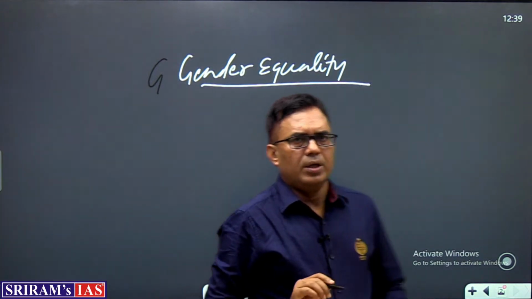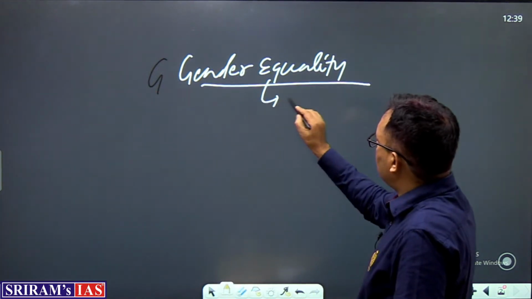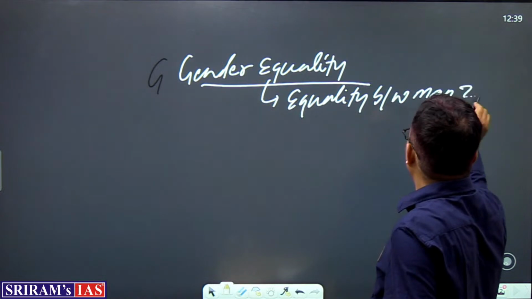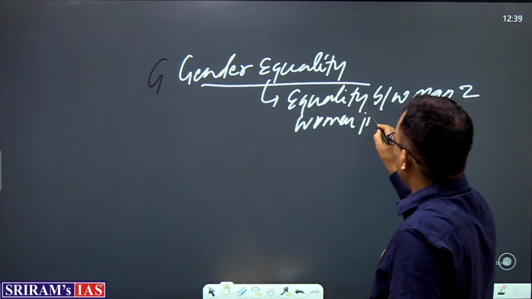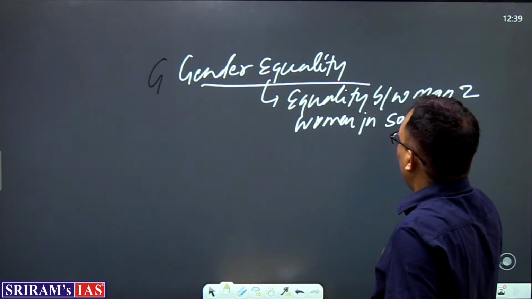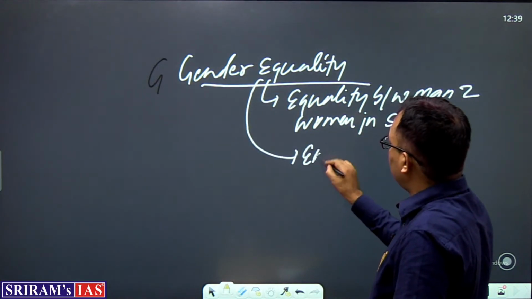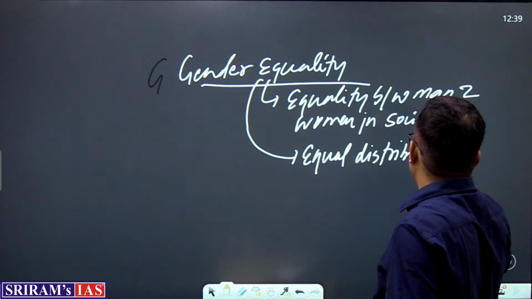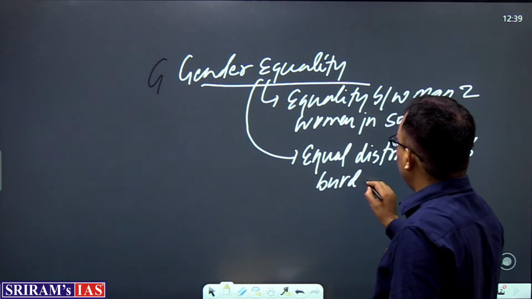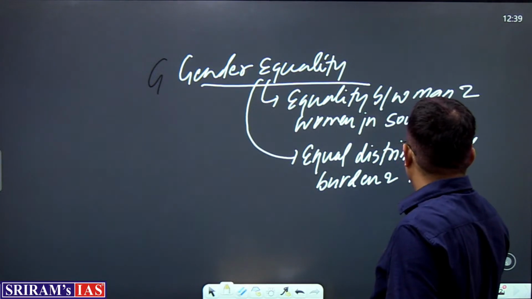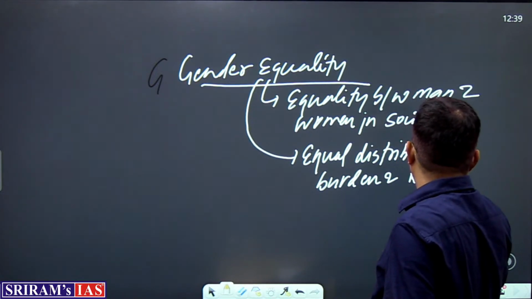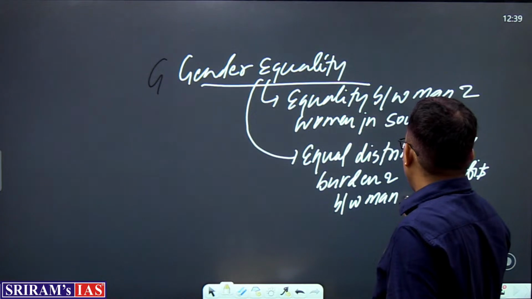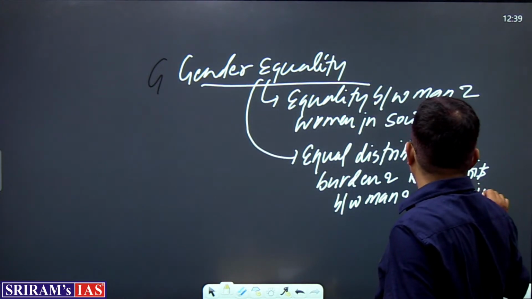In the simplest way we can say gender equality means simply equality between man and woman in society, or in another sense, equal distribution of burden and benefits between man and woman in society.